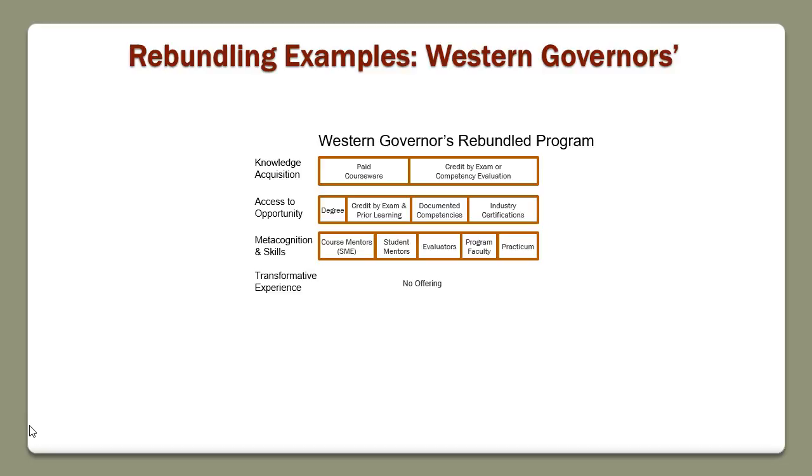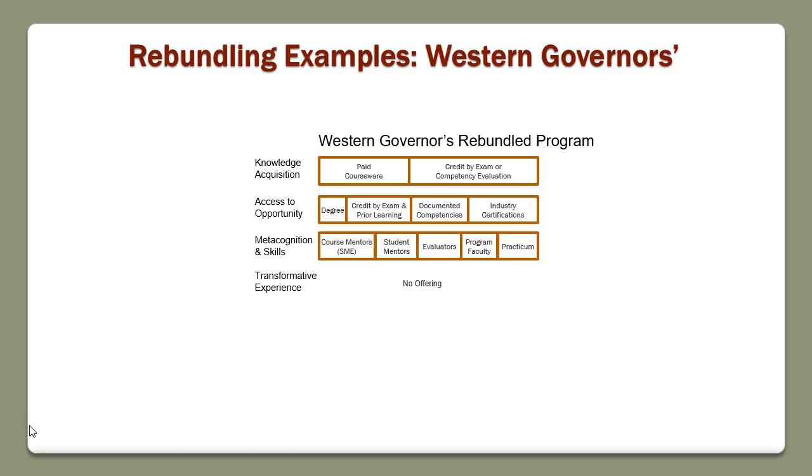And then what they've done is they've broken up a lot of the metacognition and the skills components into different components of the faculty that I'll talk about later on how they're unbundling faculty. So there you have the course mentors, which is a subject matter expert, which for each of their courses, you can ask for help from someone who understands that topic.